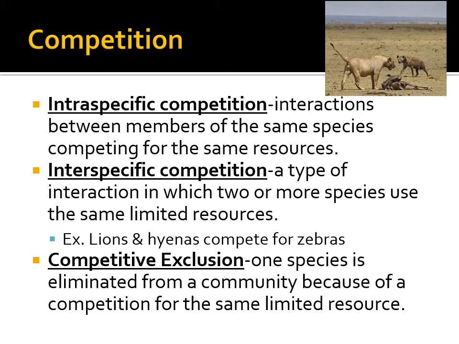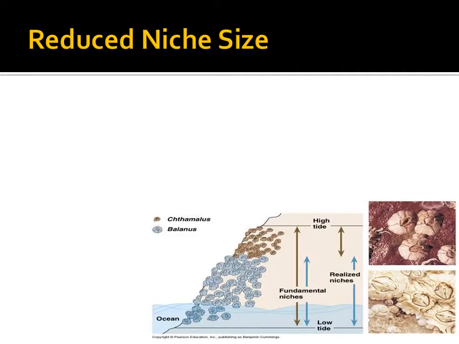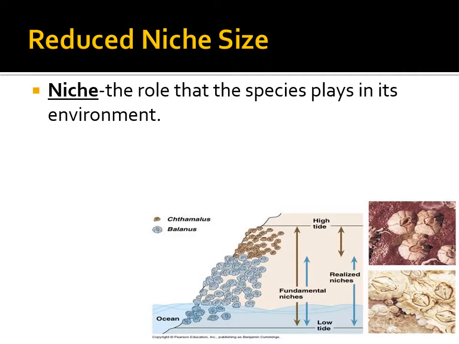So sometimes when competition gets too intense, let's say the hyenas get really, really aggressive and there are so many of them that they get to the food before the lion does and chase the lion off, then the lions might have to leave that area to find a place where there aren't so many hyenas, where they can get the food first and make sure they get enough food for their entire pride. So something we've talked about earlier this year is the idea of a niche. That's the role that a species plays in its environment.